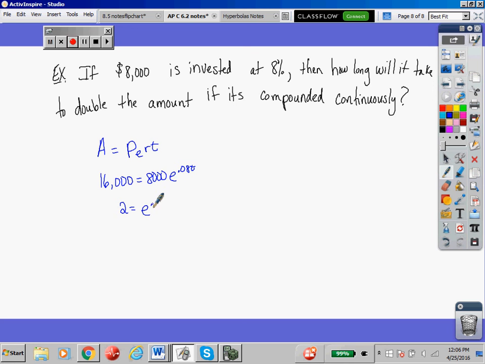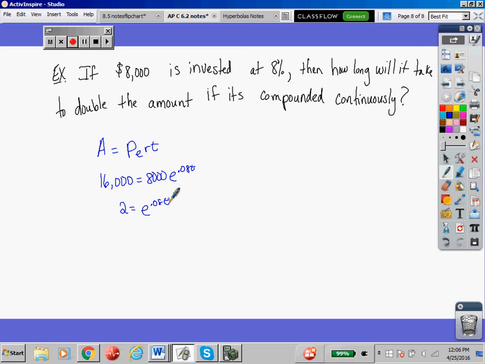So if you divide by 8,000, you're going to get 2 equals e to the 0.08 t power. And let me tell you something. They actually could have gotten away with telling me nothing about the amount of money put in except that it's double. I could have said, okay, say I want to put in some random amount. How long will it take at 8% to double it?